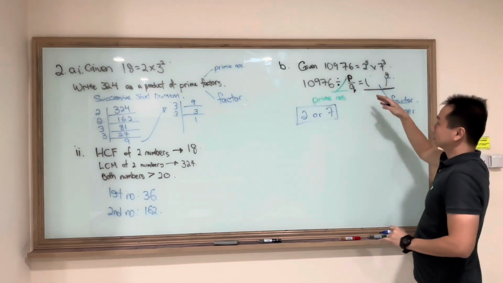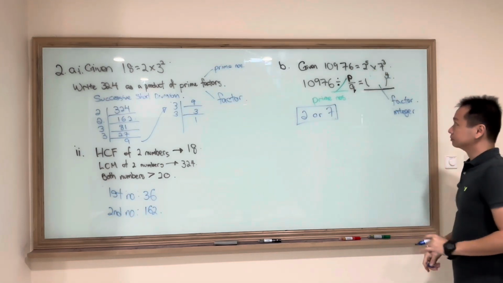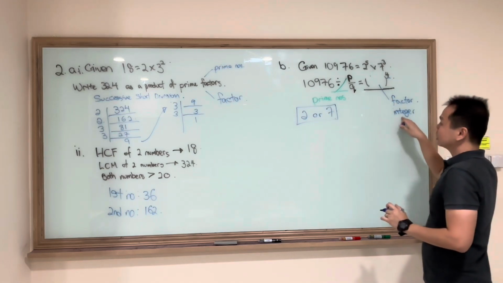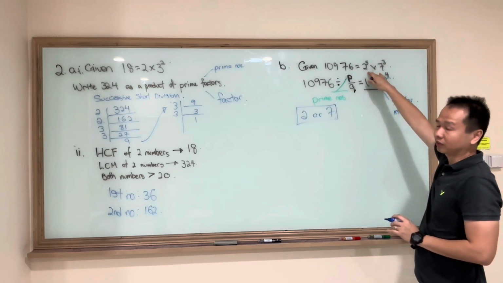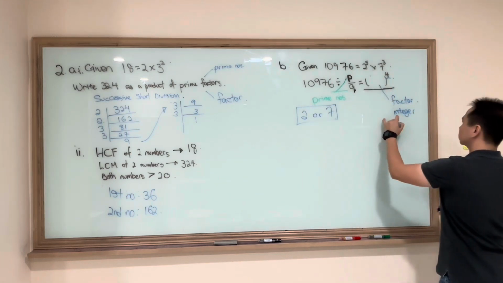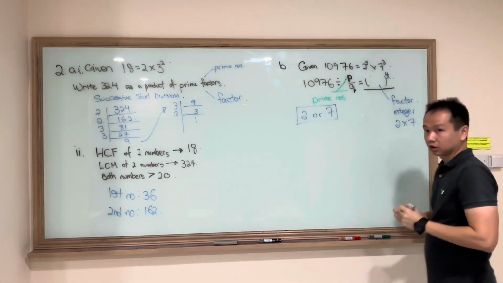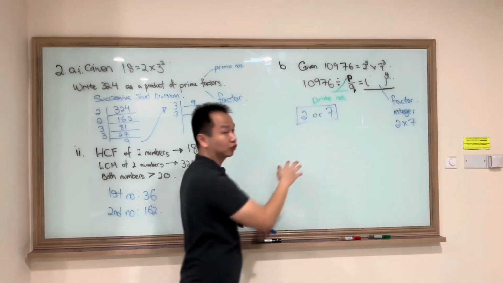That means it must be a product of 2 and 7, because it cannot be anything else from a prime. We can tell from the prime factorization. So it's 2 and 7.